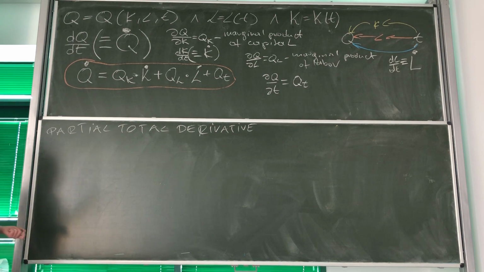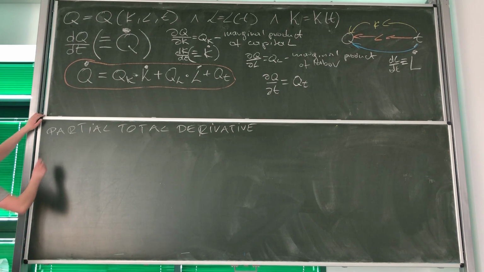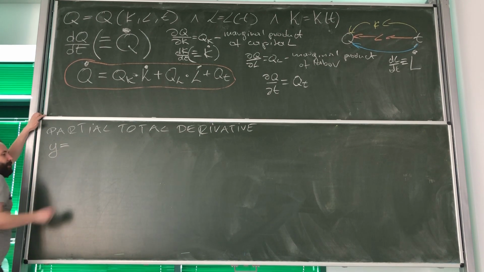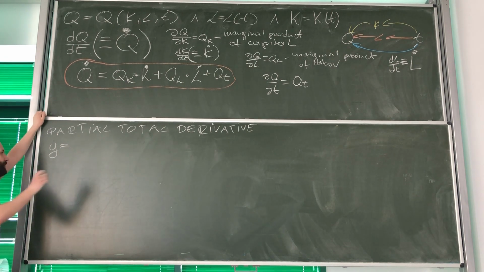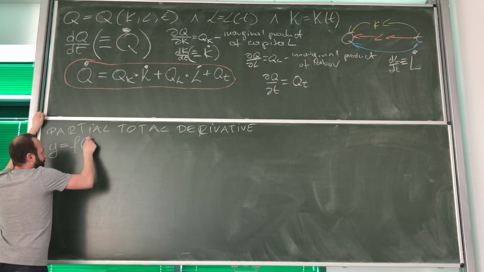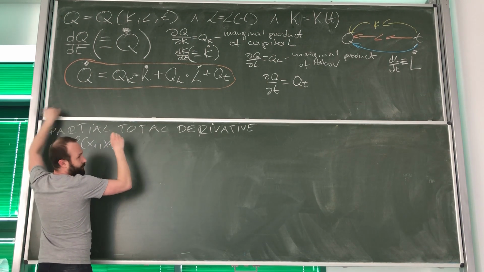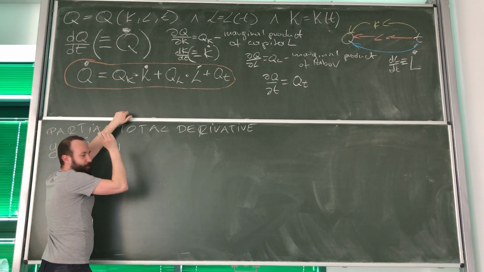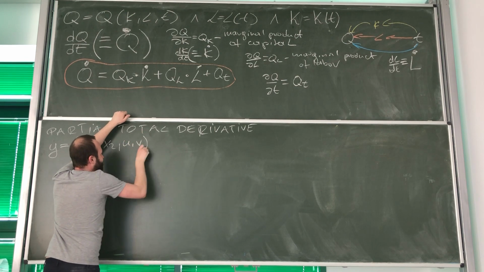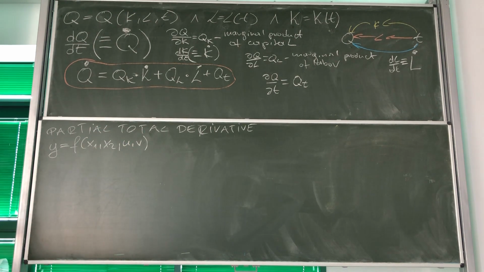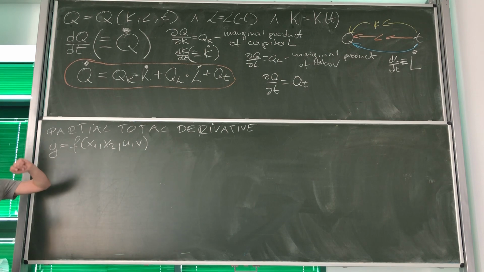Okay, so now imagine a case like this. Y is a function of 4 different variables: x1, x2, u, and v. Now, of course this is not it.